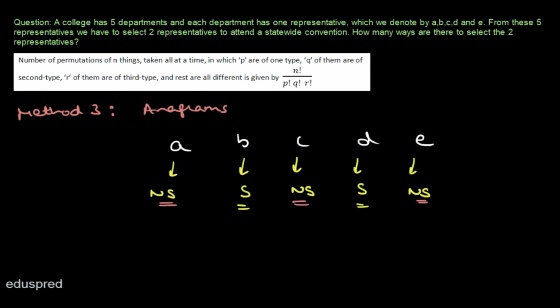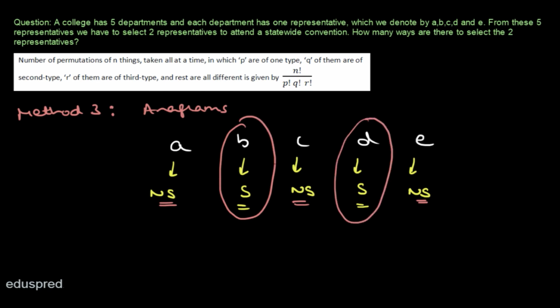Now if you think of these as categories or types, then that would mean that B and D are of one type, both of them are selected, and A, C, and E are of another type. These three are not selected. So according to this formula, we can write that p is equal to 2, so 2 of them are of one type, and q is equal to 3 because 3 of them are of the second type.